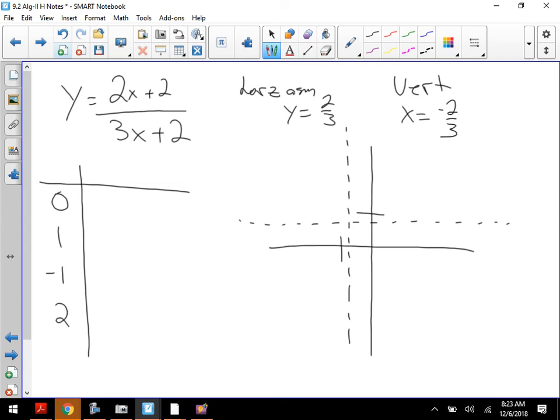If I use 0, what's my y value? 1. Very good. Nice and clean. If I use 1, I get 4/5. Is 4/5 bigger or smaller than 1? Smaller.